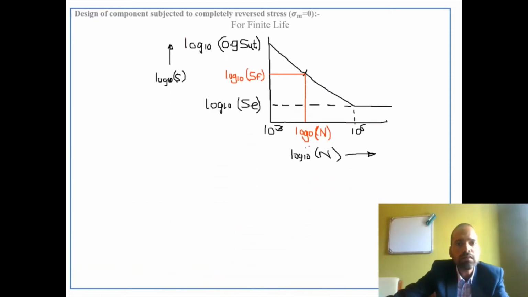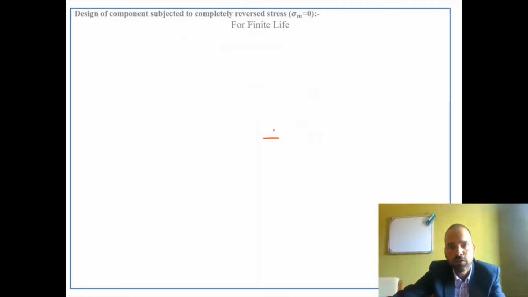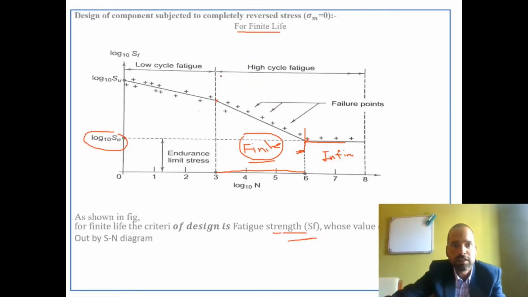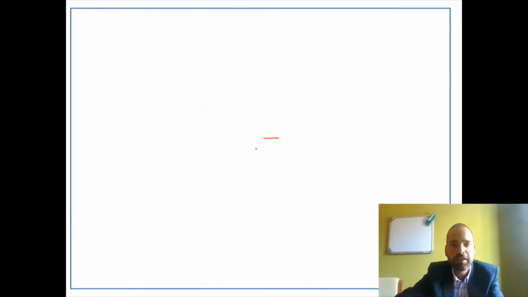So if you see, this diagram is the representation of the same diagram which we have discussed earlier. Only we are taking the part from the S-N diagram only for 10 raised to 3 to 10 raised to 6 cycles for the component subjected to finite life.